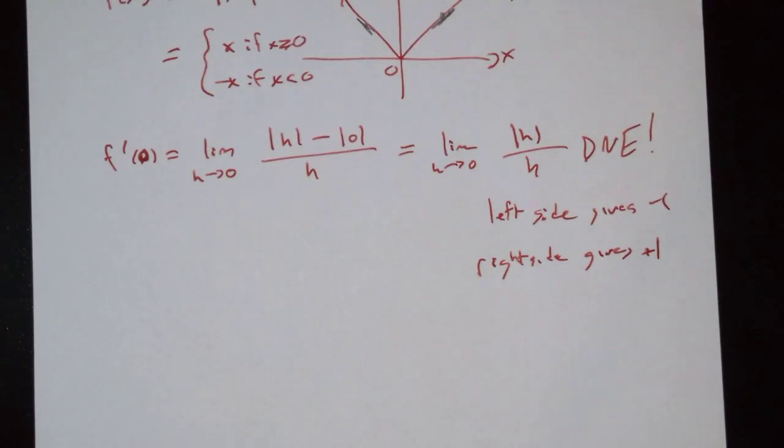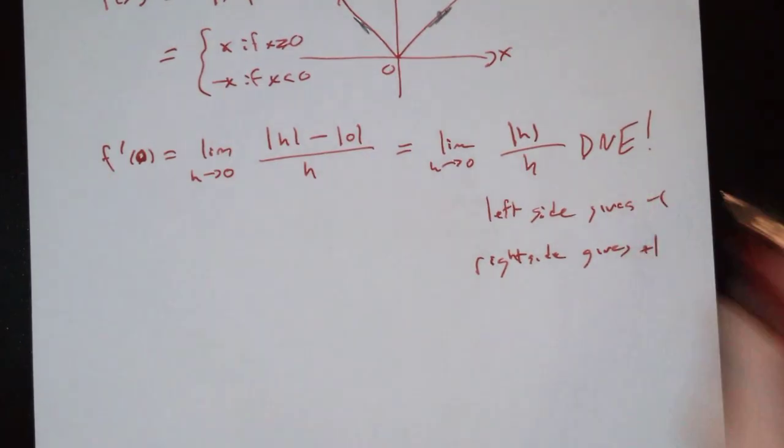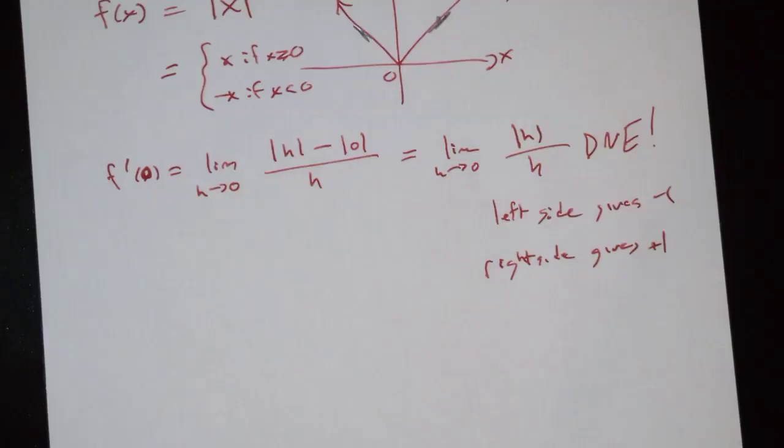If I have a different limit from the left as I do from the right, then I don't have a value. So f prime of 0 doesn't exist. Here's a function that is continuous, but it's not differentiable at 0.